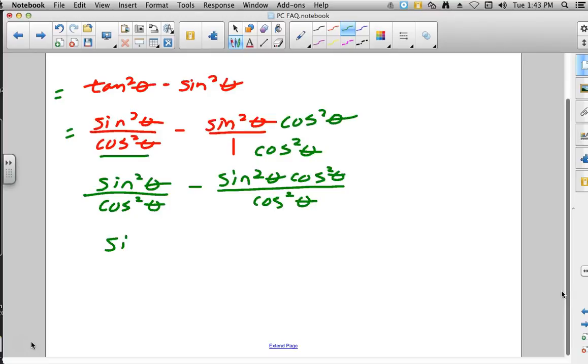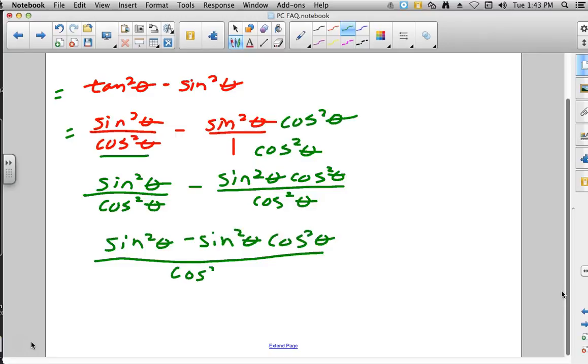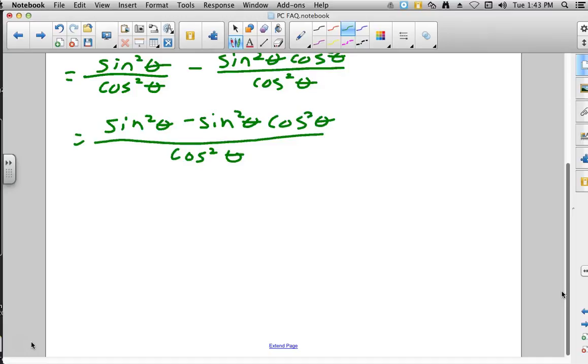So that will be sine squared theta minus sine squared theta cosine squared theta all over cosine squared theta. Now I notice that I could factor a sine out of my numerator up there. In fact, I can factor a sine squared theta out of that.